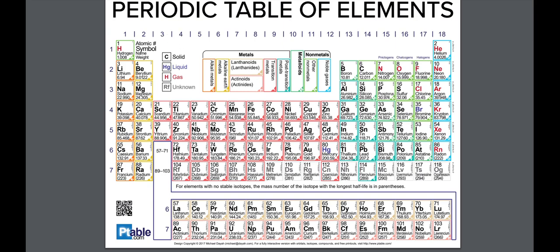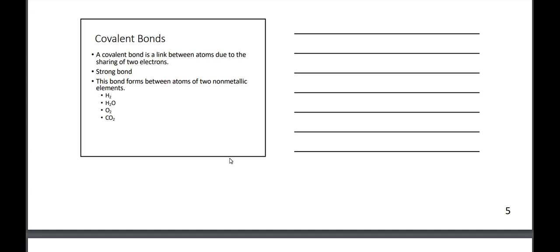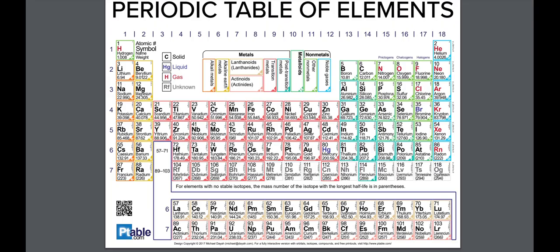Okay, so when we are saying the covalent bond forms between two non-metallic elements, that means all the covalent bonds form between this group of elements, right?